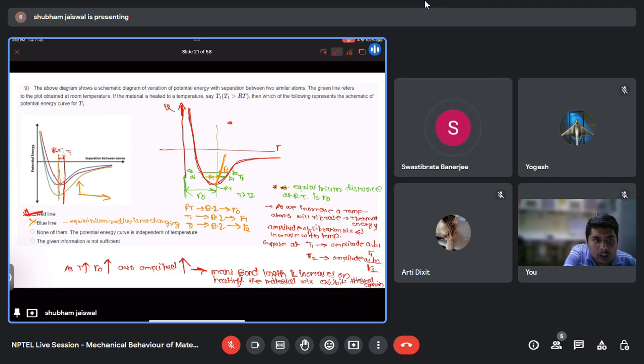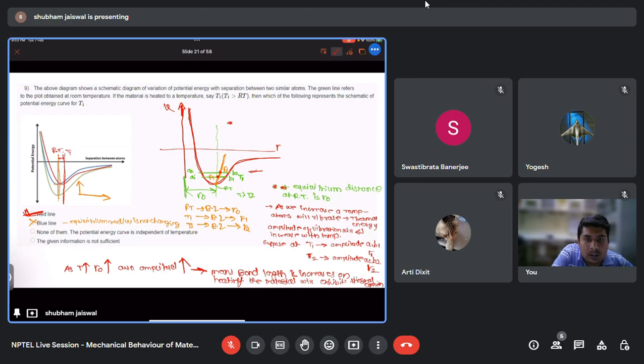Material expanding means its bond length is increasing. In this curve, the red dots show the radius increasing. The radius, sorry, the interatomic distance, is shifting towards the right.